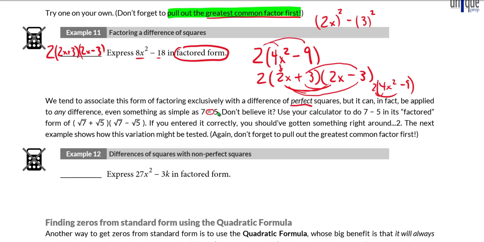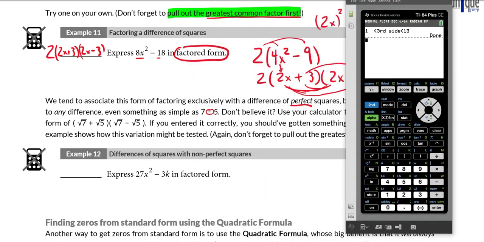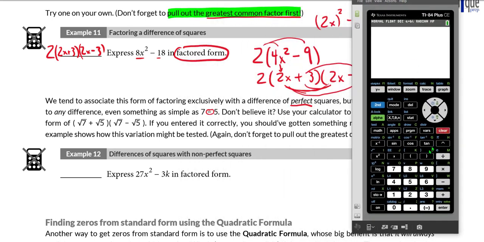For instance, if I wanted to do 7 minus 5, of course, I would just say that that's 2 normally. But if I go in my calculator and I actually type in parentheses square root of 7 minus square root of 5 in my parentheses, and then do square root of 7 plus square root of 5.